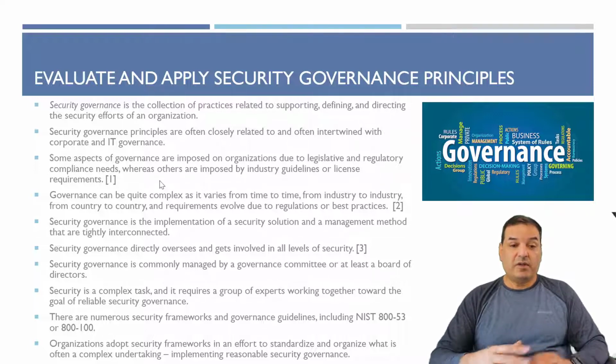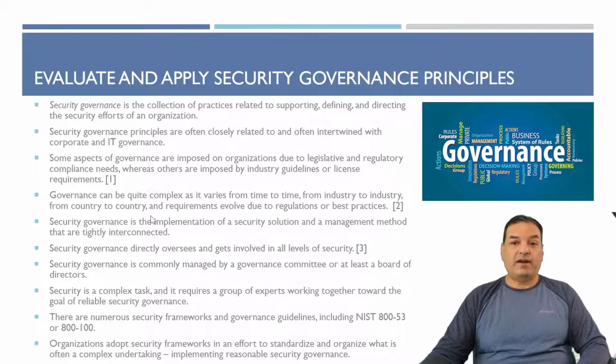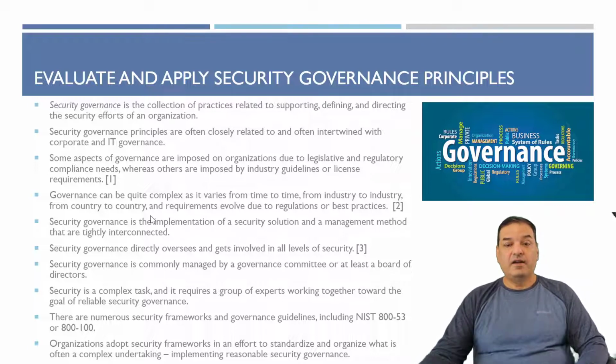So you get two examples here of the different types of standards. Governance is a complex task, and it varies from time to time, from industry to industry, and from country to country. And the regulations cause the requirements to evolve. So it's a dynamic living entity that we have to work towards to maintain what we call the security hygiene of the information contained in a system.